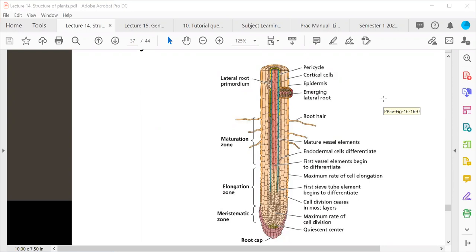How is it that only specific cells of the pericycle actually start to divide? So what are the signals? What are the mechanisms which identify which of those cells will actually start that cell division process to form a lateral root?